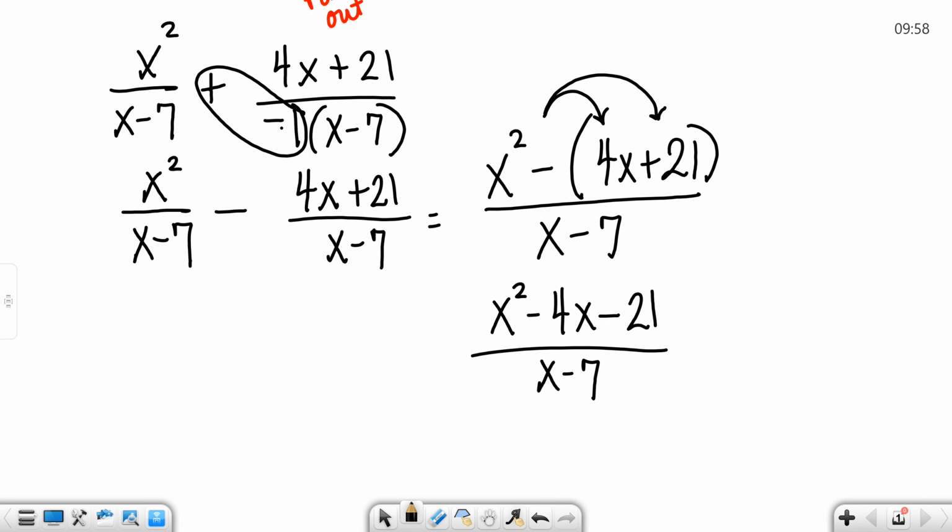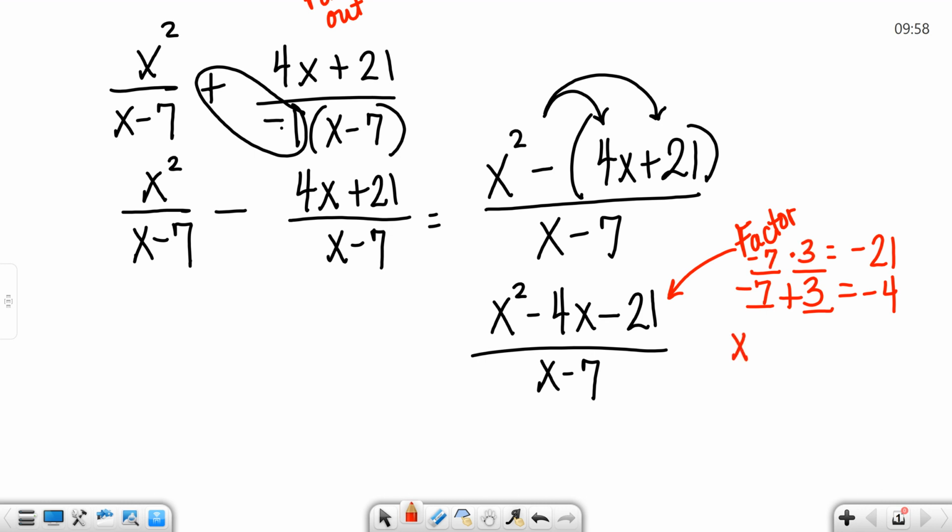Okay, once we get here, we definitely need to try to factor that numerator. Looking for two things that multiply to give me -21, but add to give me -4. All right, so those two things would be -7 and +3. I will do grouping.